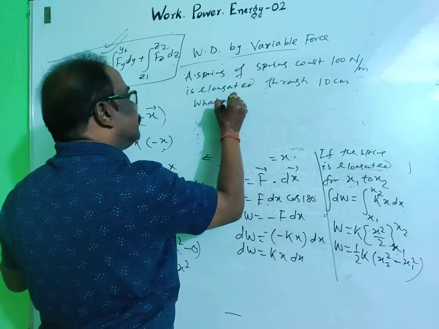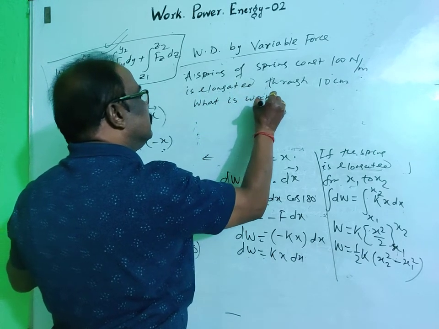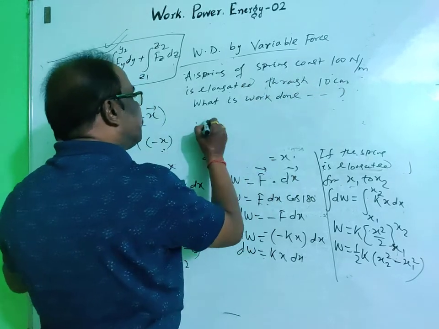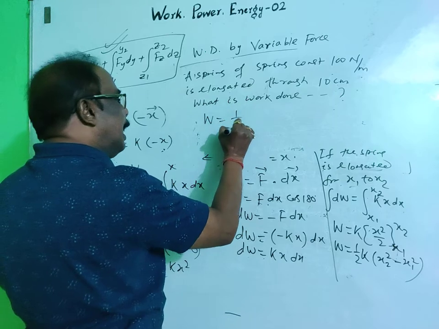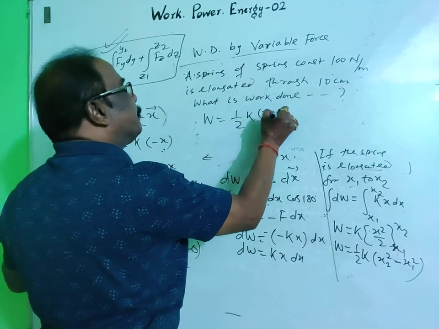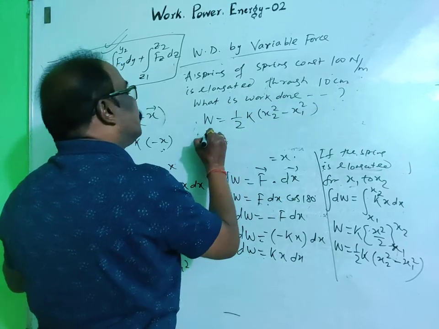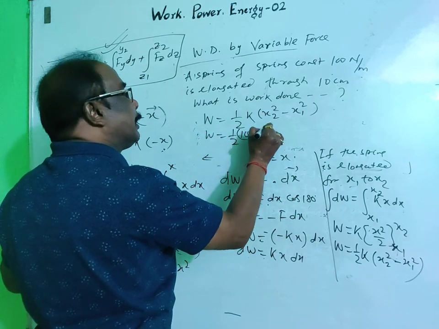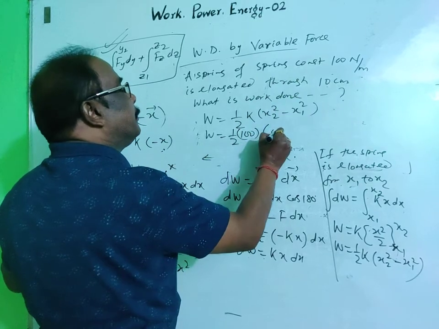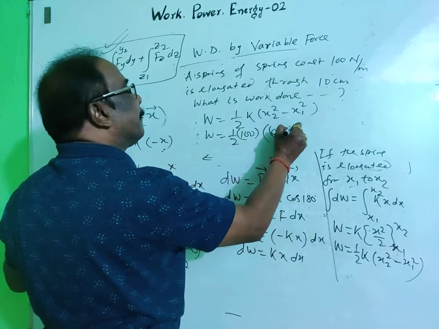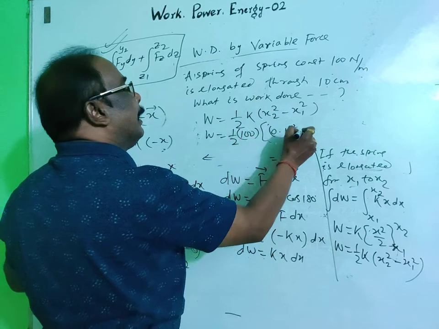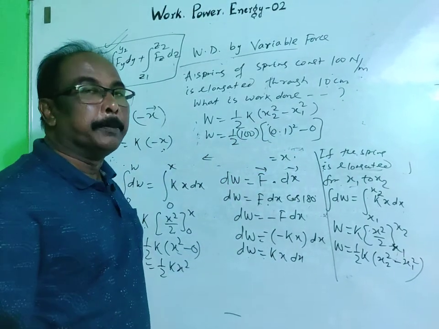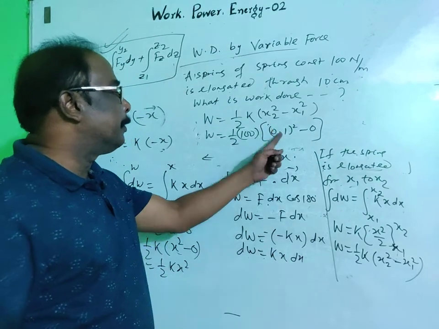What is work? In elongating the spring, work is equal to half k into x2 square minus x1 square. So work is equal to half, k is 100, x2 is 10 centimeter, means 0.1 meter, squared, and x1 is equal to 0 in this case because it is elongated from 0 to 10 centimeter.